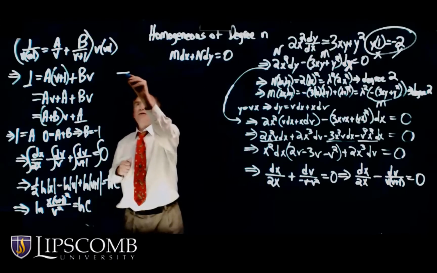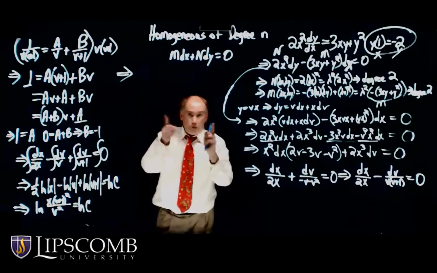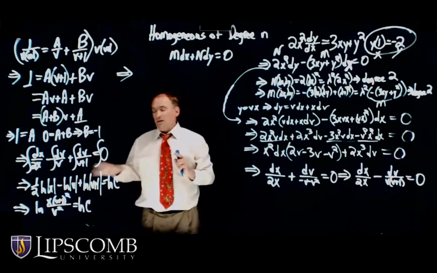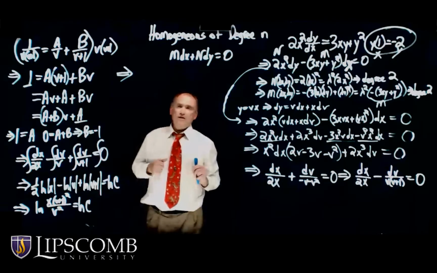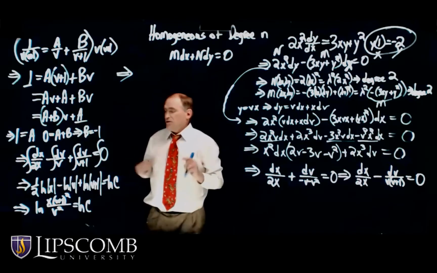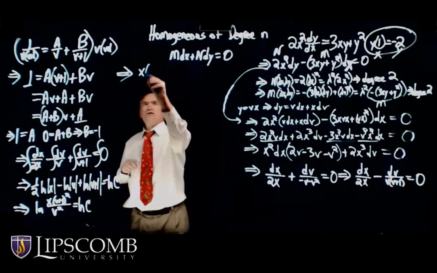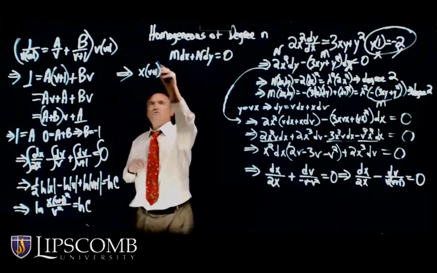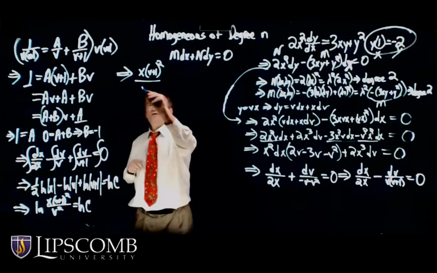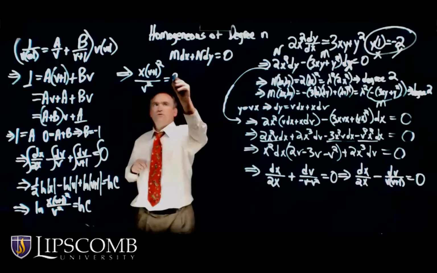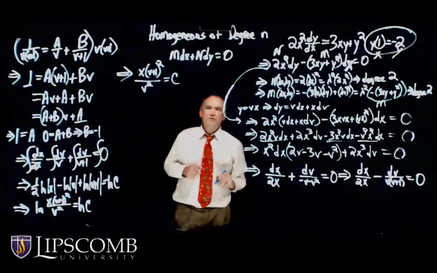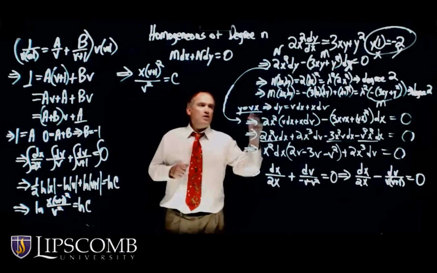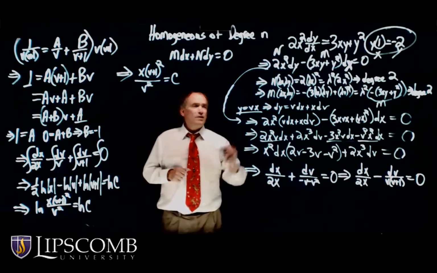Then the fact that natural log is a 1-to-1 function. So ln of a equal to ln of x means a equals x. So in this case, x times v plus 1 squared over v squared equals this positive arbitrary constant. Now I go back right here where I said y equals v times x.